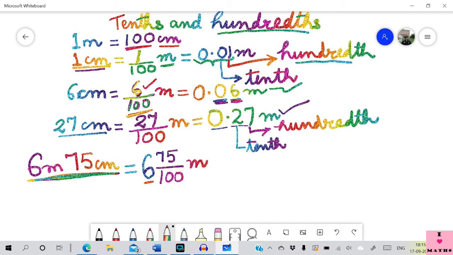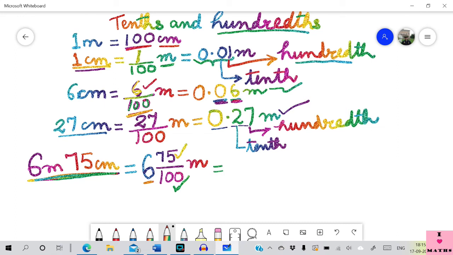Now children, 6 meters are complete, and out of the 7th meter only 75 centimeter is there. So 75 parts out of 100 equal parts.